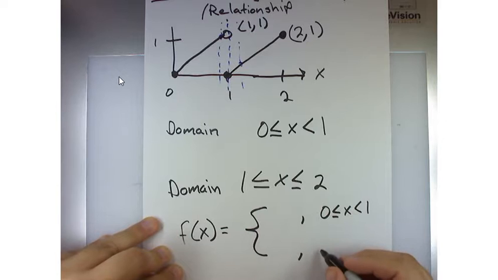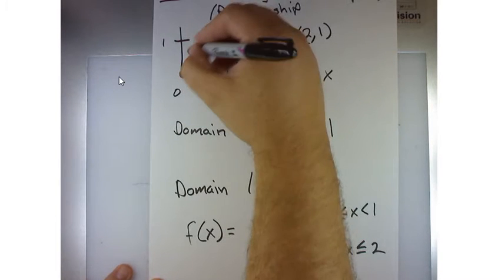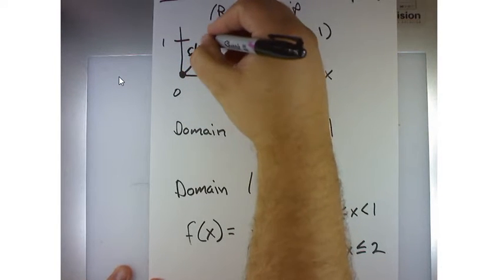And then my second relative domain is 1 is less than or equal to x is less than or equal to 2. Now, if you study that behavior, there's two different mathematical relationships that represent the lines that we see on the graph. Well, the first one is what function? This first one here is f of x equals x.